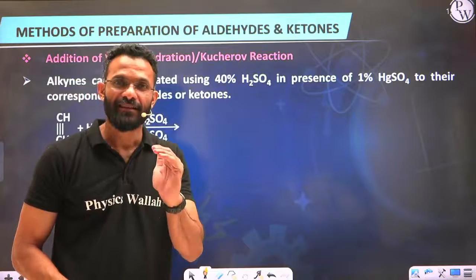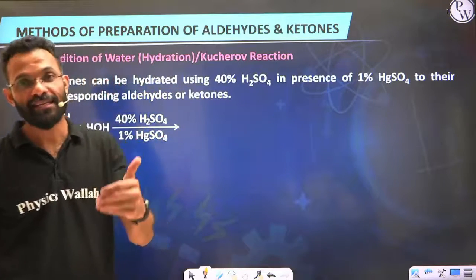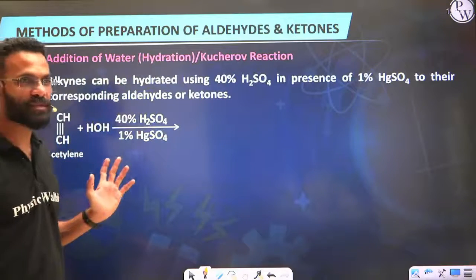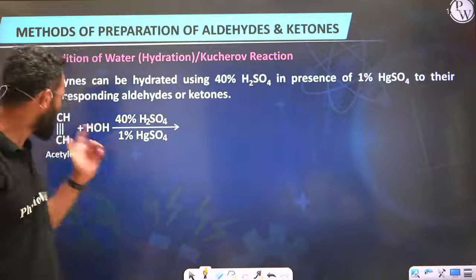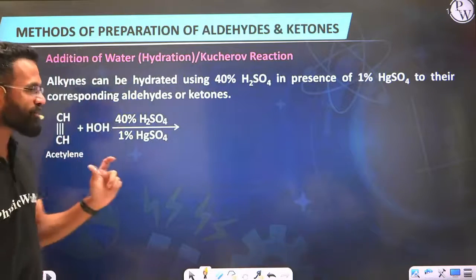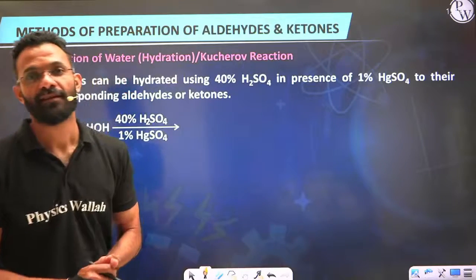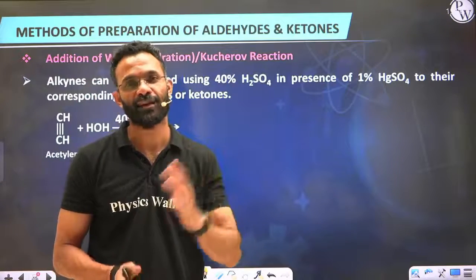Hence breaking the pi bond of alkyne using just H plus ions becomes difficult, because after attacking H plus, the corresponding carbocation is not stable like it is in case of alkene. Hence, carrying out hydration of alkyne is always difficult as compared to that of alkene.